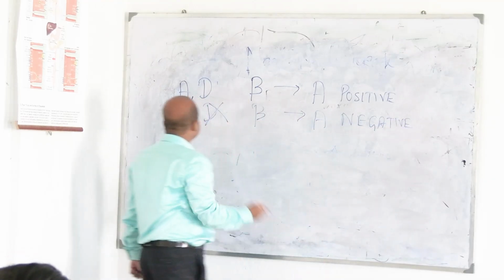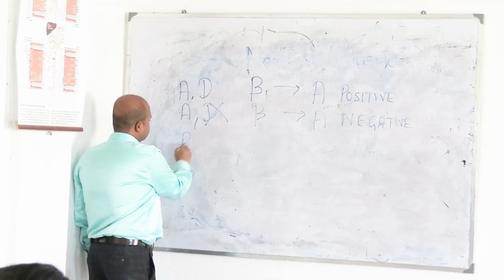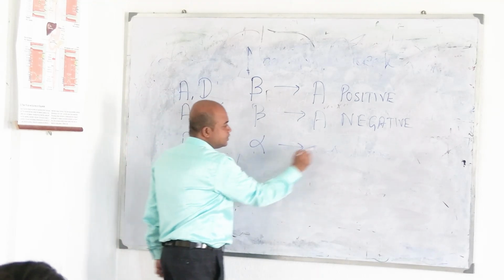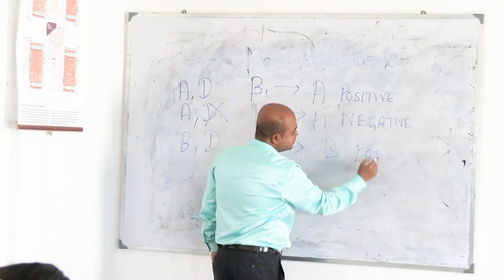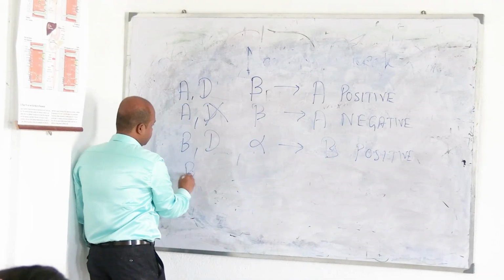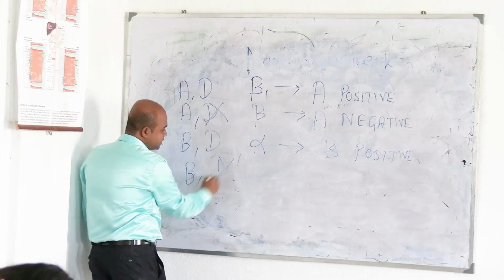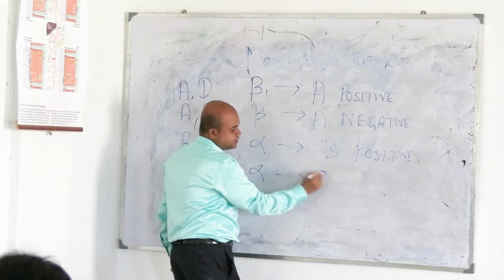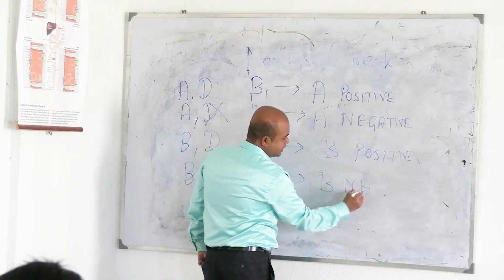And it is similar for the others. If B is present, D is present, alpha is present, it is B positive. If B is present, D is not present, and alpha is present, then it is B negative.